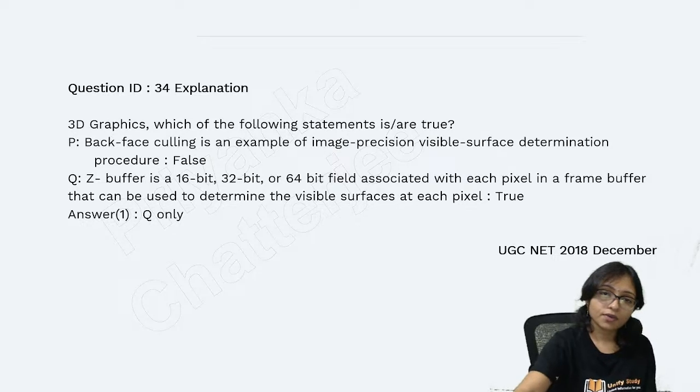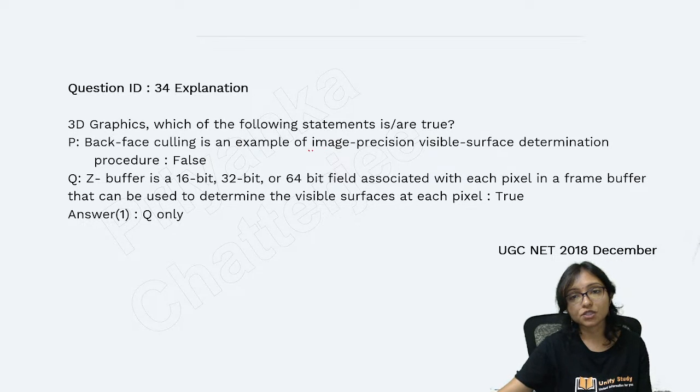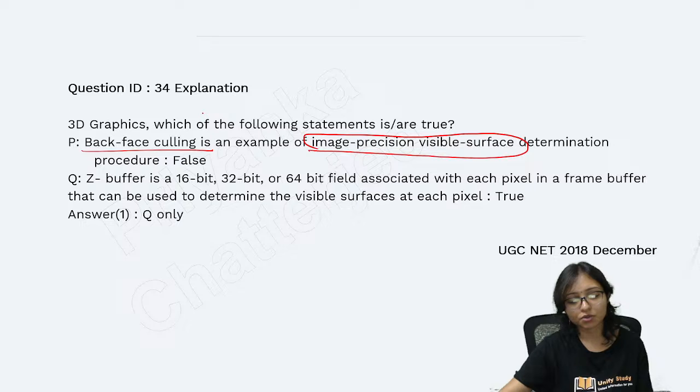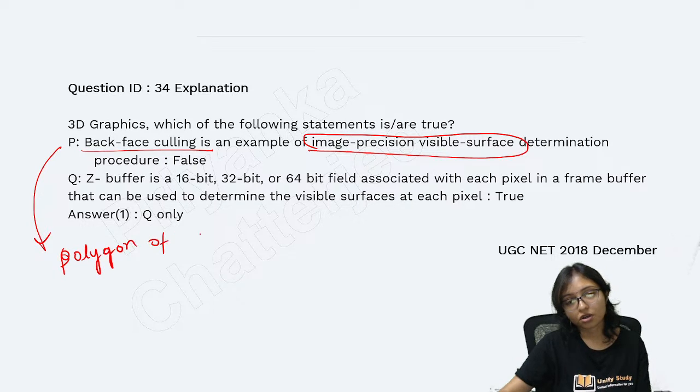And for this one, why is this wrong? It is given as image precision visible surface determination, which is not right. Backface culling is the method used to determine whether the polygon of a graphical object is visible or not.